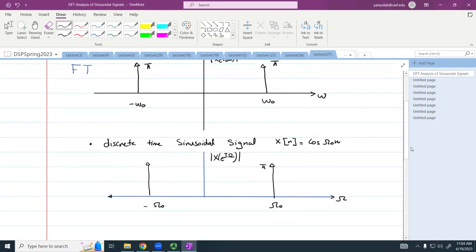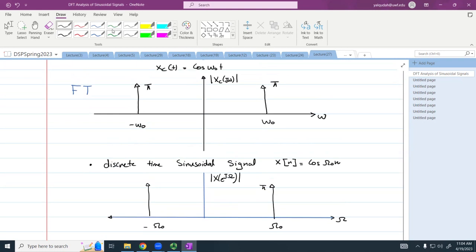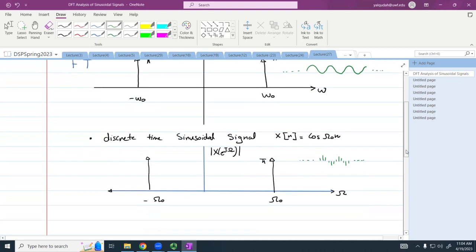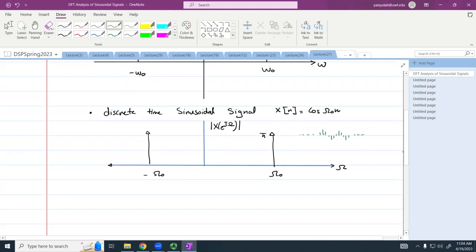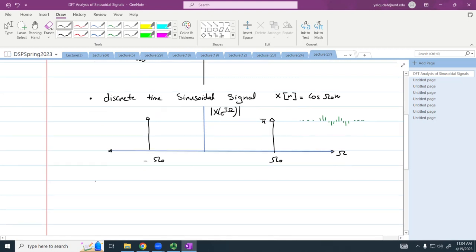Now both of these signals are assumed to go from negative infinity to infinity. So this is a sinusoidal signal that goes from negative infinity to infinity. This is a sinusoidal signal that also goes from negative infinity to infinity. Now if I have a sinusoidal signal that exists for a finite amount of time, then I have to calculate the windowed discrete time sinusoidal signal, or the spectrum of the windowed signal.